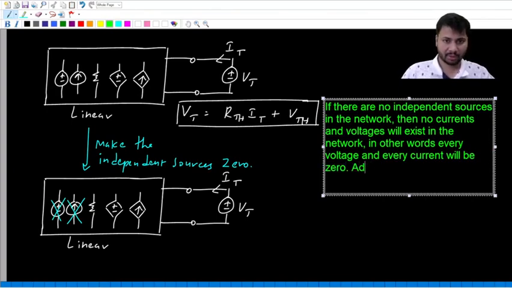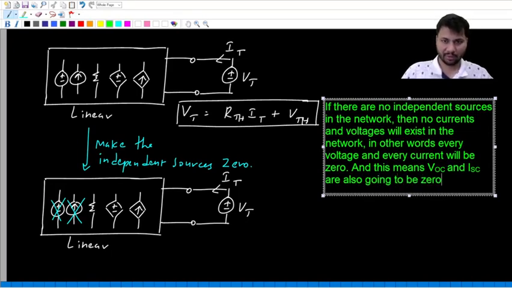And this means VOC and ISC are also going to be 0.